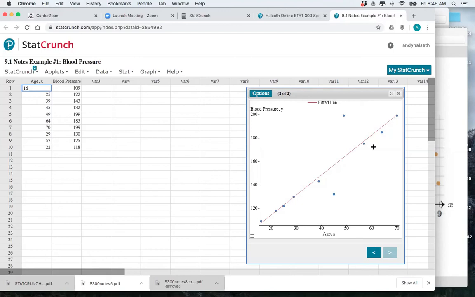The next question is, how strong is that pattern? Like, how well do they fit on a straight line? If all of those dots were right on that red line, that would be a super strong linear correlation. And as you get more spread away from that line, the correlation gets weaker. There's a numerical value that describes the strength of a correlation. The formula is in your packet.